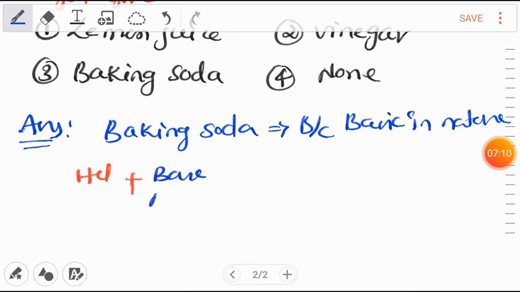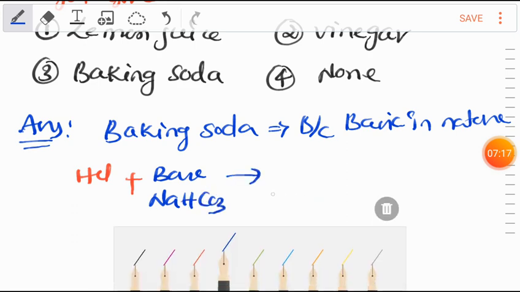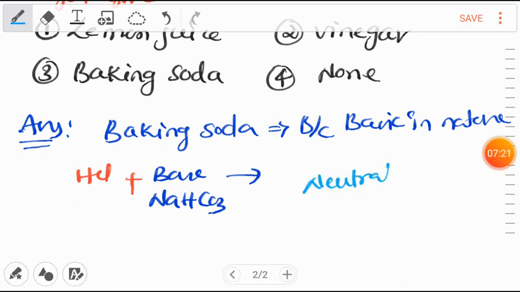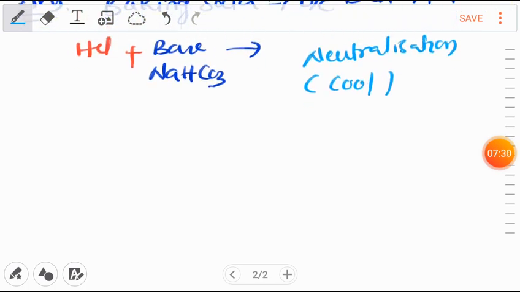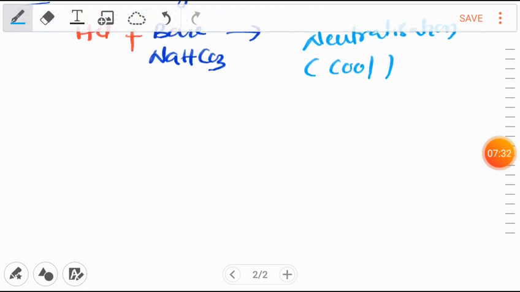What is baking soda? NaHCO3. Neutralization takes place, and the stomach will cool. I will explain this later.